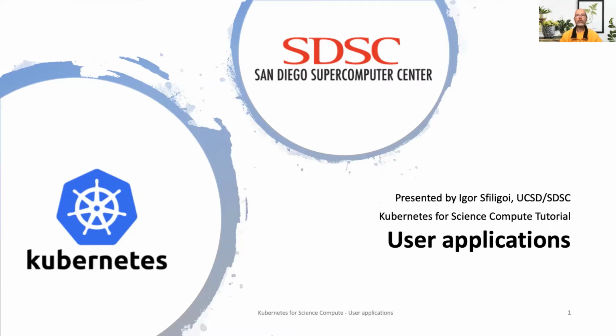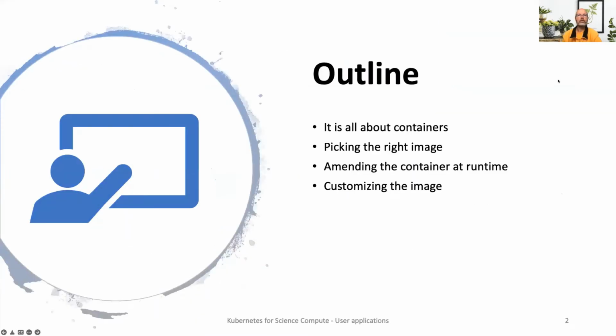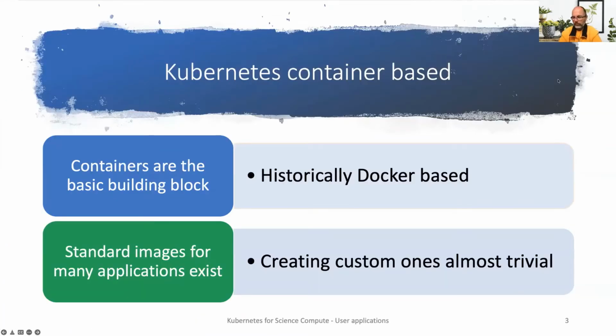Let's now move on and talk a little more in detail about some of the things you can do in Kubernetes. So let's restate that Kubernetes is container-based. The containers are the basic building block, and there are many standard images that you can use out of the box, but you can also build your own.